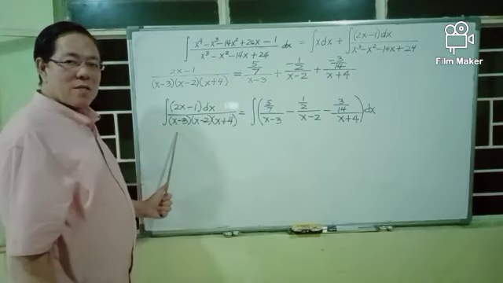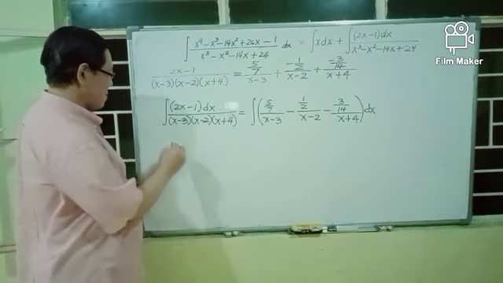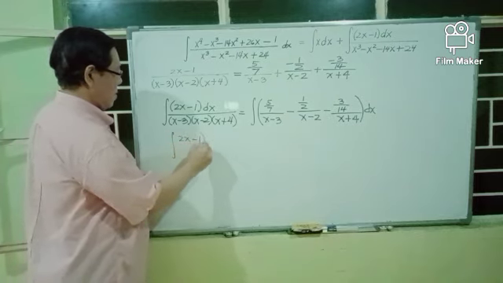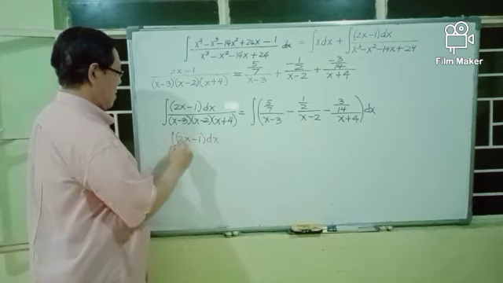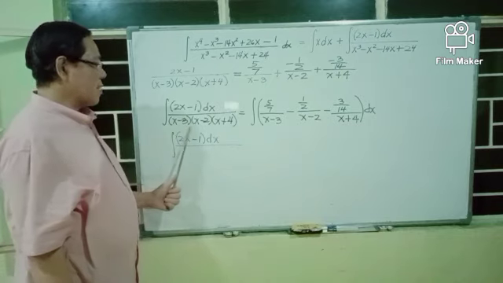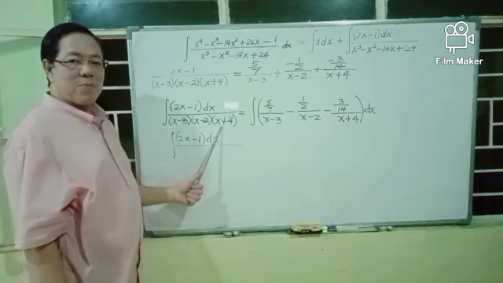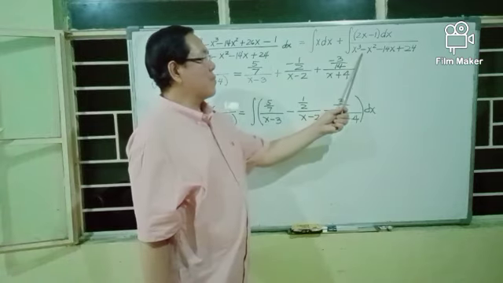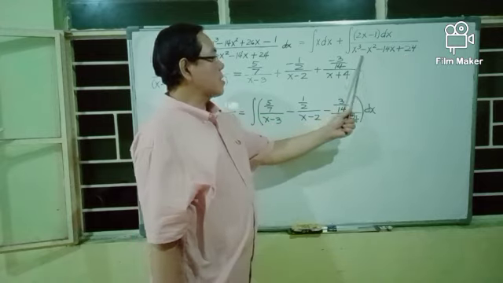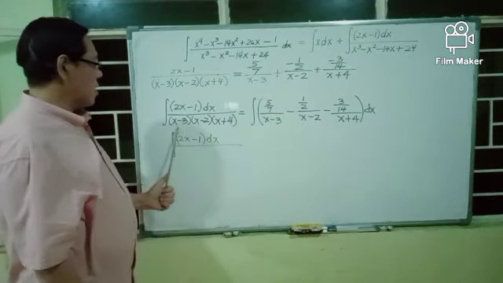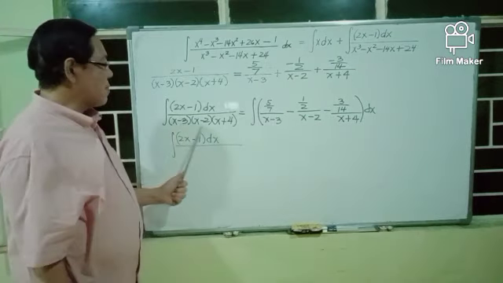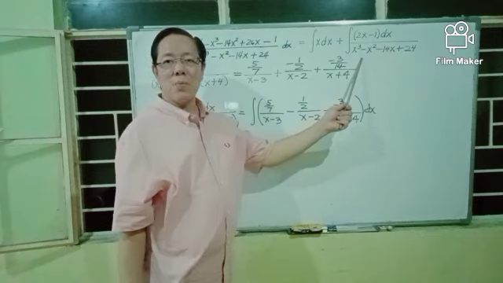And the left hand side is equal to the integral of, we now write x minus 3 times x minus 2 times x plus 4 as x cubed minus x squared minus 14x plus 24. This cubic expression is equal to the product of these linear factors. And we now bring this back to its original cubic expression.